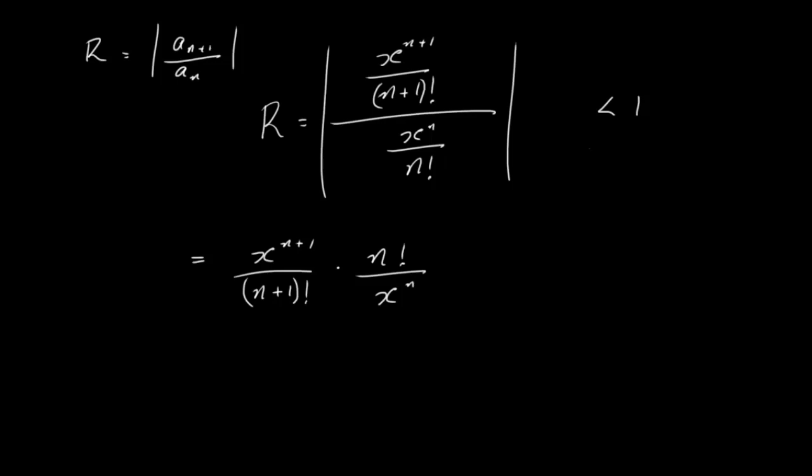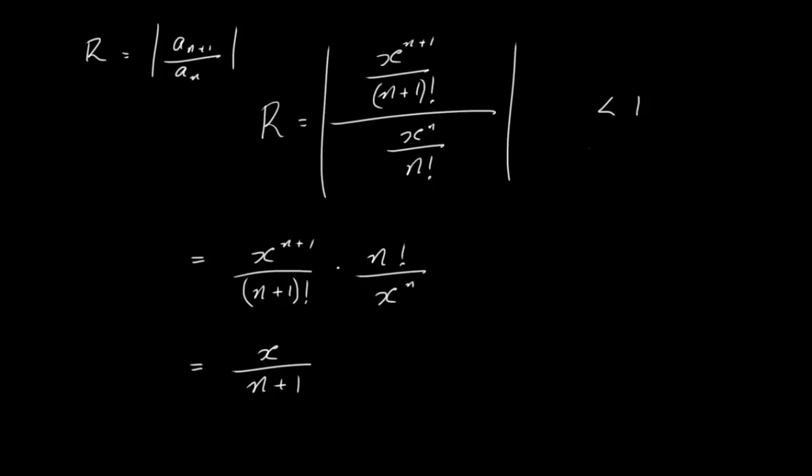Now if we simplify this, you can see that x to the power of n plus 1 divided by x to the power of n will just give us x, and n factorial divided by n plus 1 factorial will leave us with n plus 1. So we want to see what the value of this term here will be as n goes to infinity.